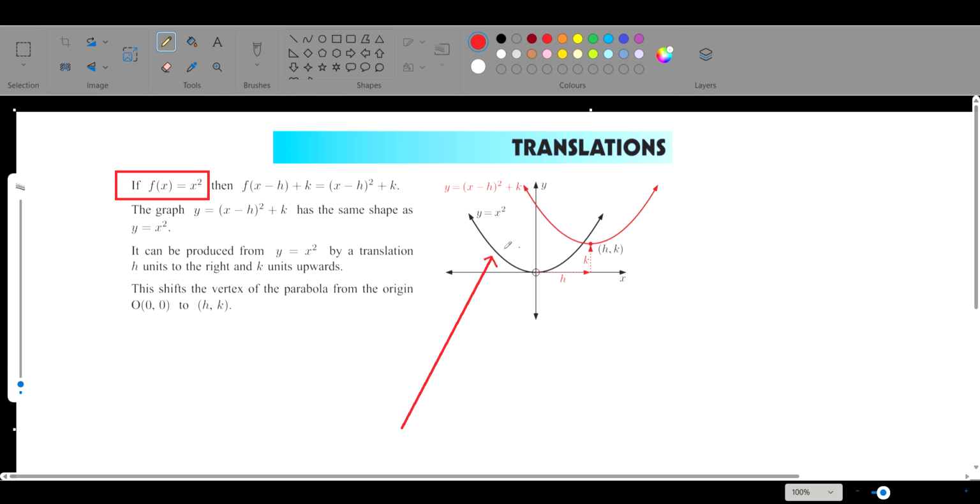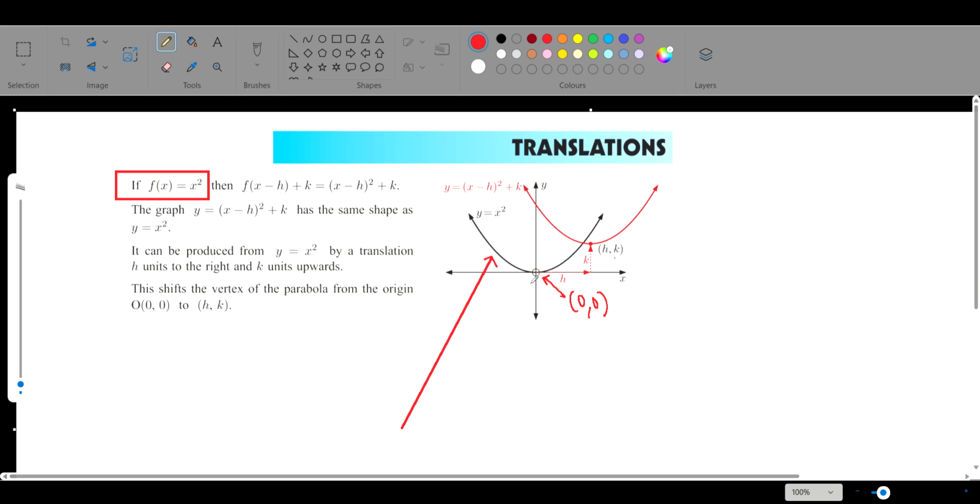Now you can see this red graph shifted its position a little bit right and a little bit upward. If the initial point was x is 0, y is 0, now the new turning point is h comma k.